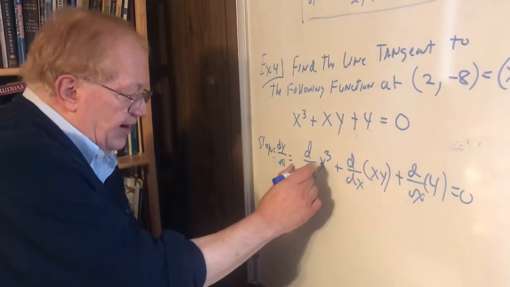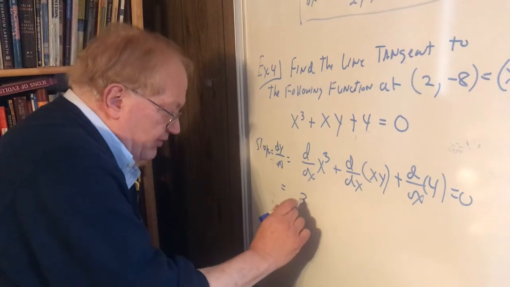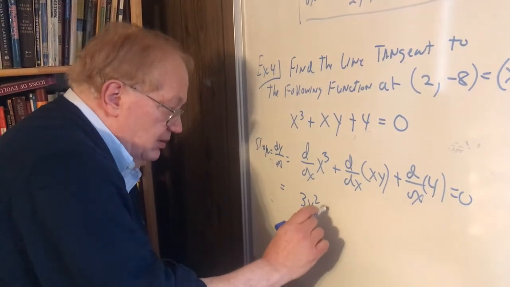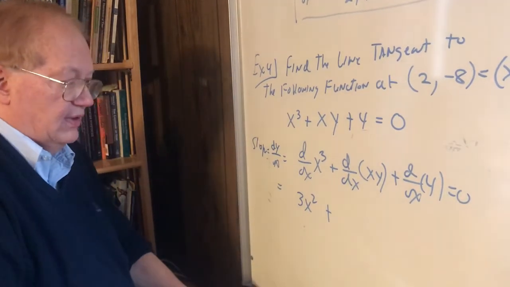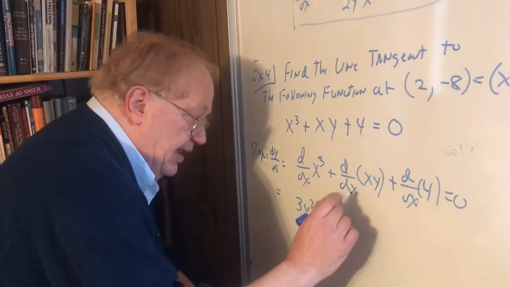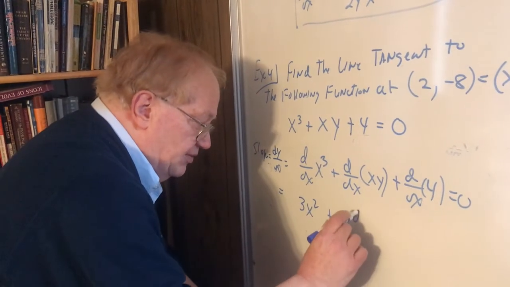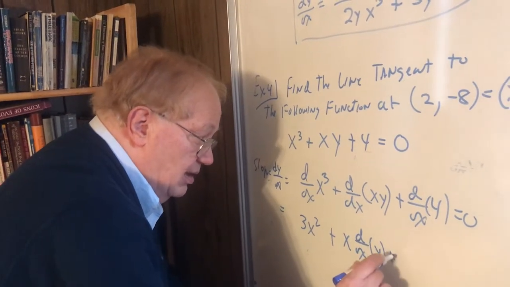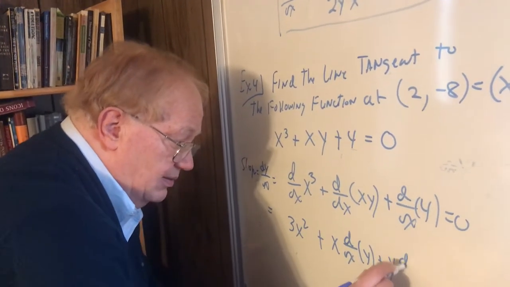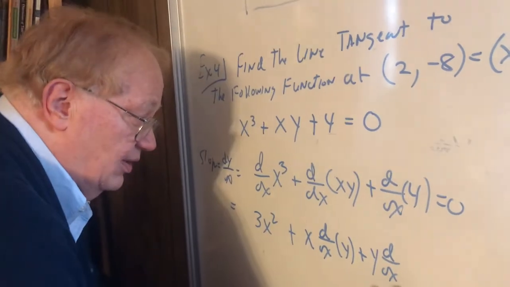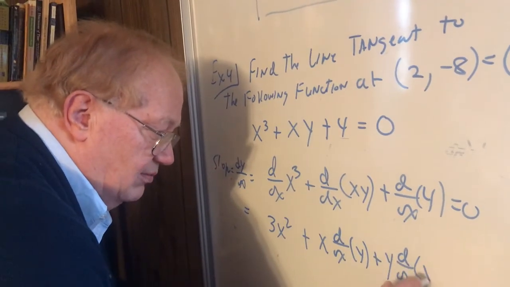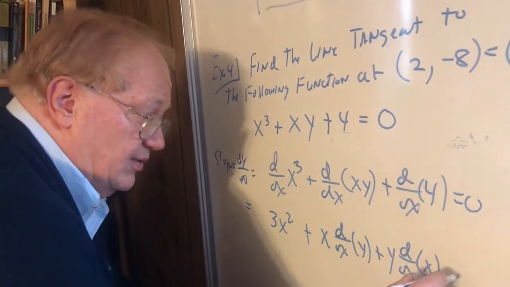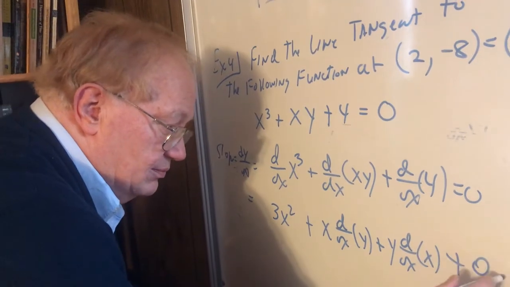Once again, this is okay. You got an x and an x. That's 3x squared. Now here we're going to have the product rule again. It's going to be x times the derivative of y plus y times the derivative of x. And the derivative of a constant is 0.